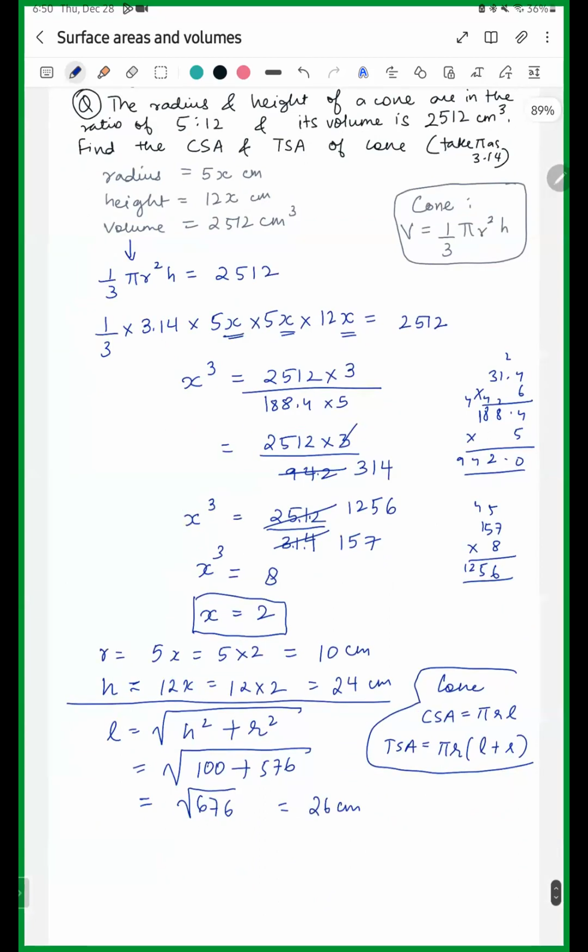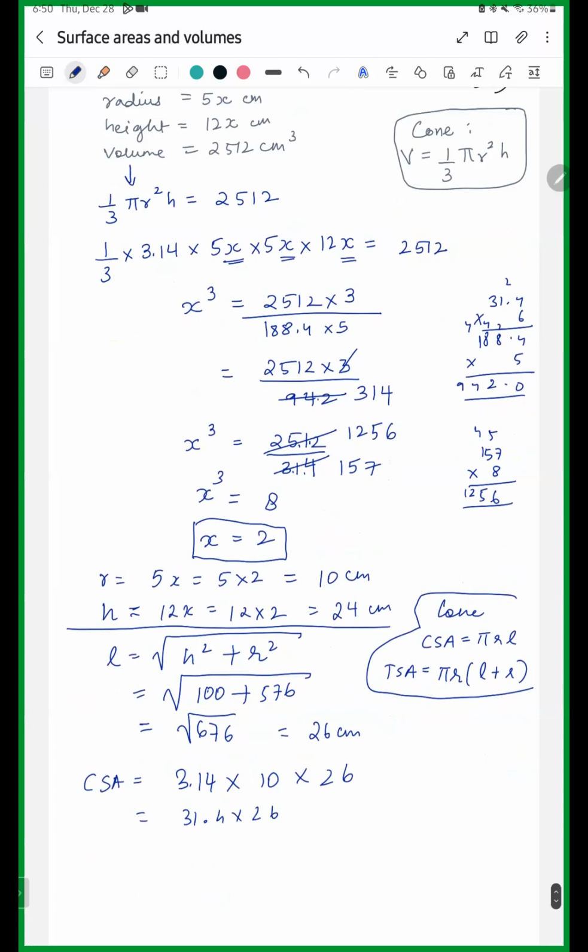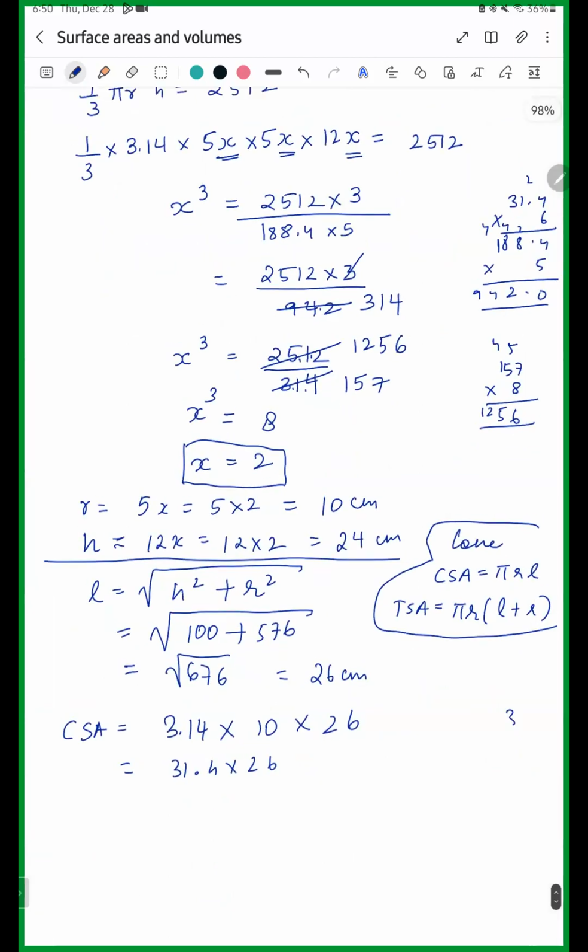The next thing we need to do is to find the curved surface area, pi which is 3.14, R, which is 10, into L, which is 26, which is 816.4 centimeter square.